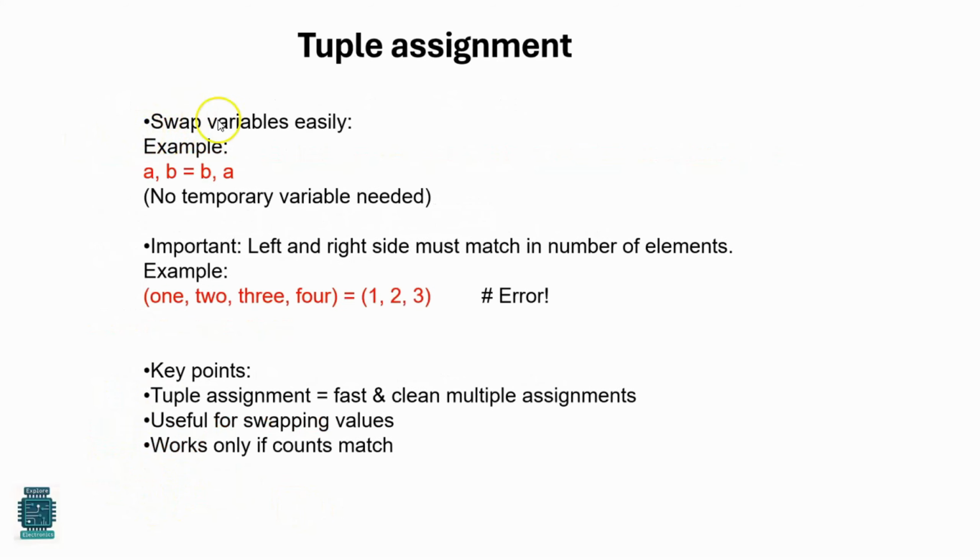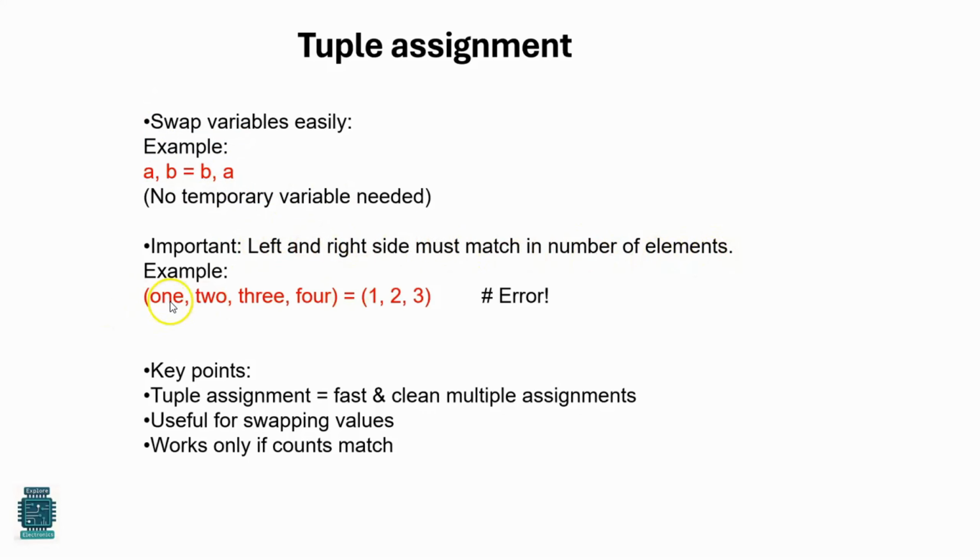We can easily swap the variables in the tuples. Let us see. I have taken A and B. I have assigned B and A. A, B is equal to B, A. In this case, a temporary variable is not needed. And the left and right side must match in the number of elements.